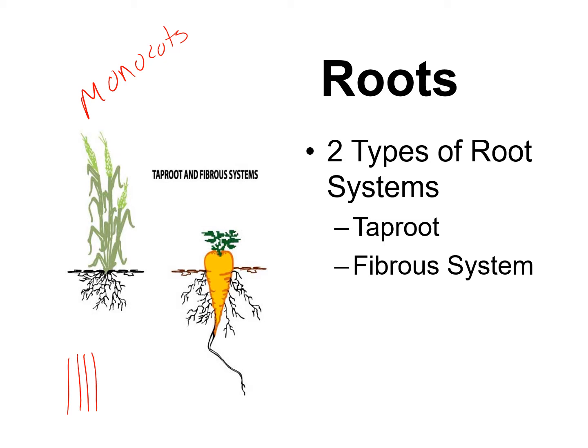Versus if you look at an oak tree, you're going to have a central vein, and everything is going to be kind of branching out of it. And these are dicots. So carrots in this case are dicots, grass or corn in this case is going to be a monocot. But the taproot system, basically you have a big central root and then you have little tiny hairs coming out of it, versus a fibrous root system, everything kind of emerges from here and just branches out.